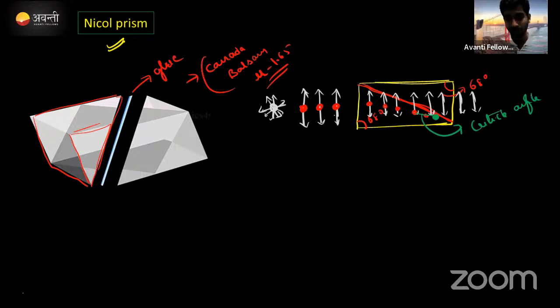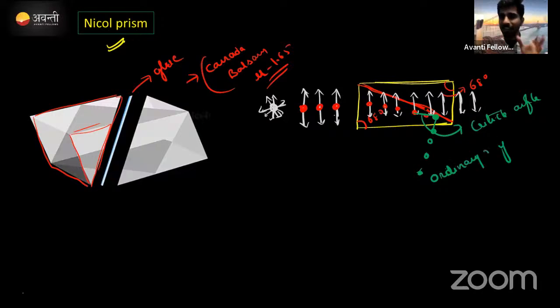When it is incident at the critical angle, it will get reflected to the other medium like this. They will come like this in this medium. We call this the internally reflected ray, the ordinary ray.